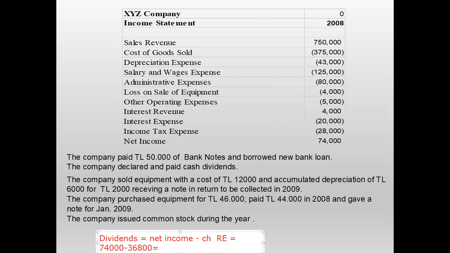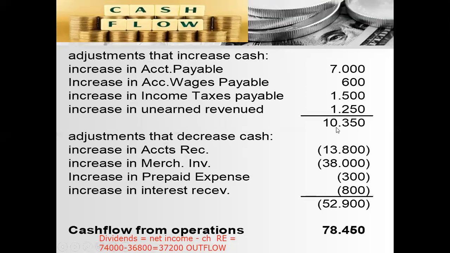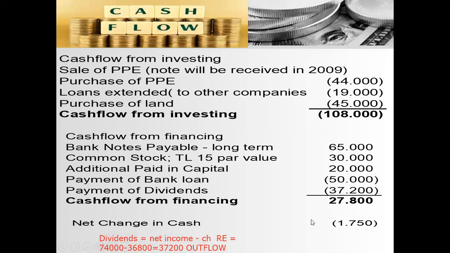If you use your calculator to find the difference, 74,000 minus 36,800 will be 37,200. This 37,200 is the dividends, and it will be an outflow in my cash flow. So I check this point to see if it is correct or not. I go to the payments, and it is correct, 37,200.